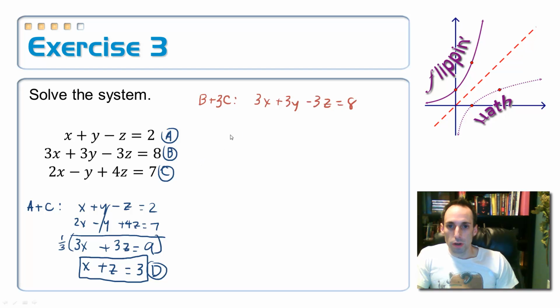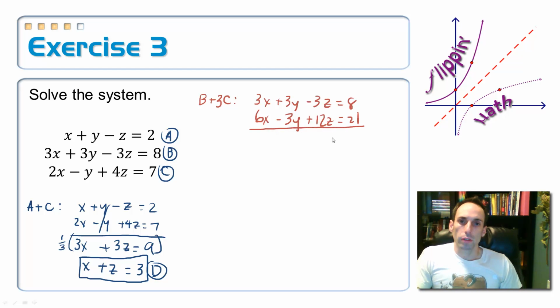And the bottom equation times 3, we have 6 x's minus 3 y's, and then plus, what do we multiply? 3 times 4, 12 z's is equal to 21. Okay, so far?